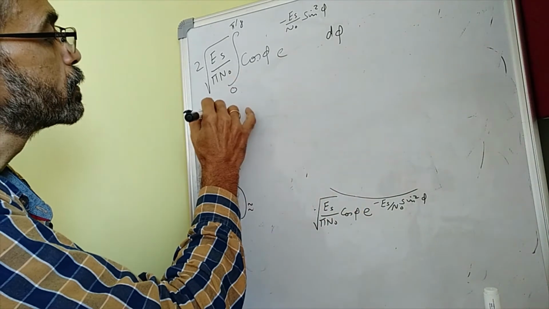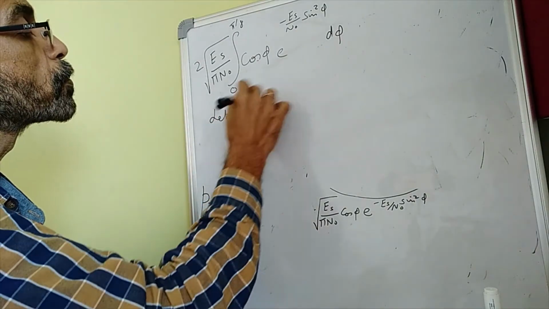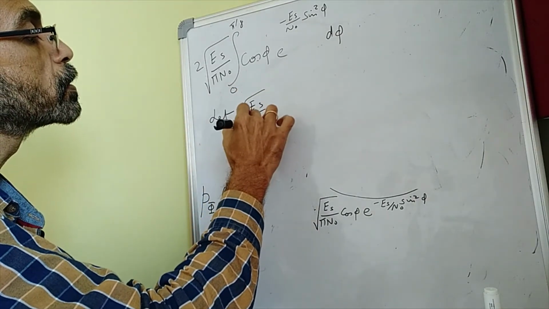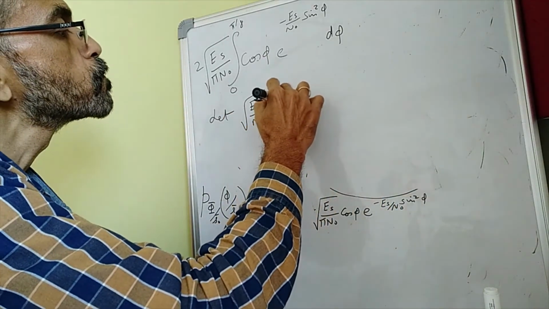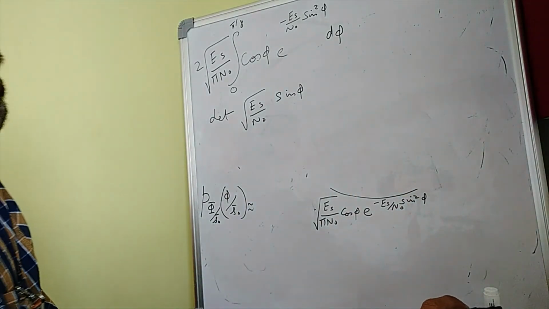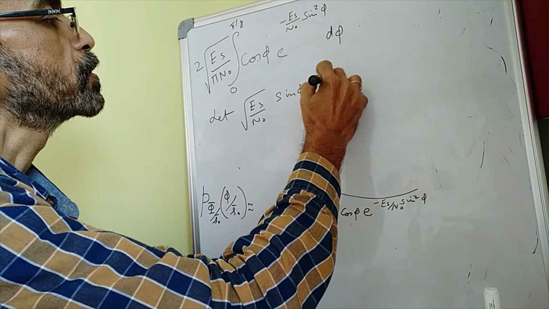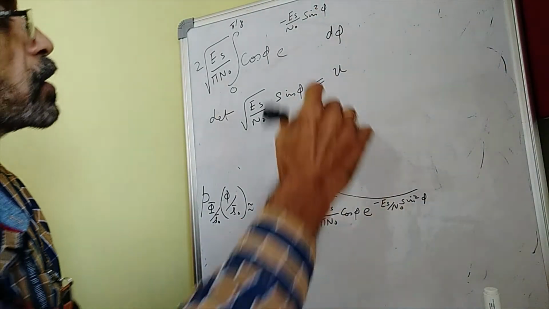Now let sqrt(Es/N0) sin phi be equal to, say, u. We'll make a substitution.